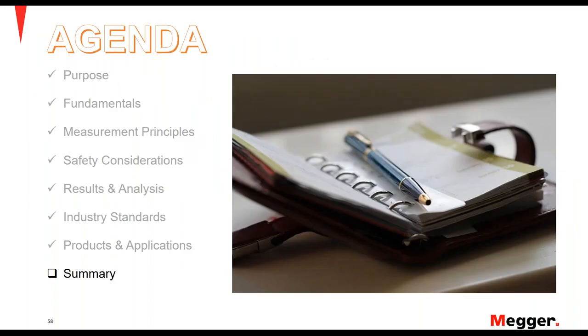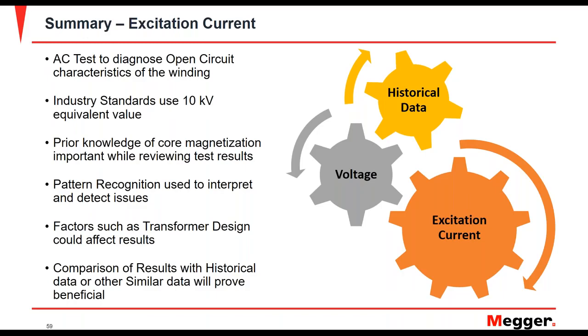Now let's summarize. So as far as excitation current, we know that this is an AC test which will diagnose the open circuit characteristics of the winding and give us feedback on the state of our transformer core. Because of the voltage dependency of this test, industry standards have accepted a value of 10 kV at which excitation current has to be reported.